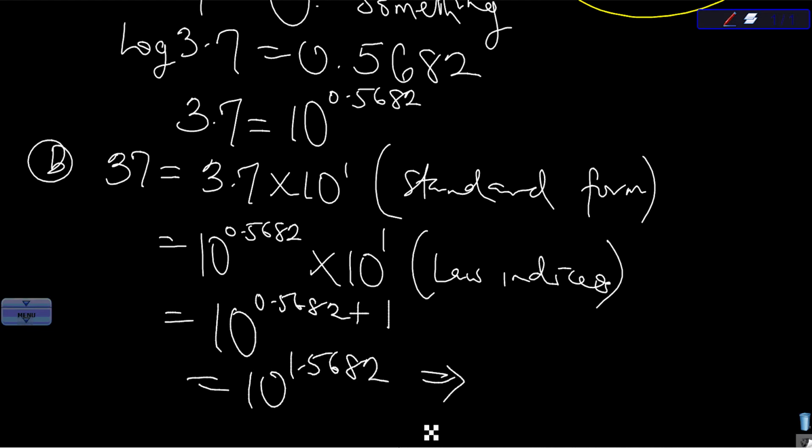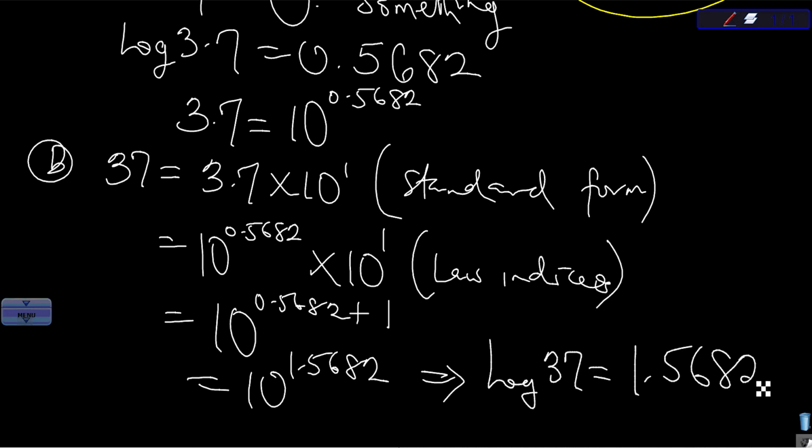This implies that log 37 is the same thing as 1.5682. So let's do a quick analysis there. When it was 3.7, we have our whole number part to be 0.